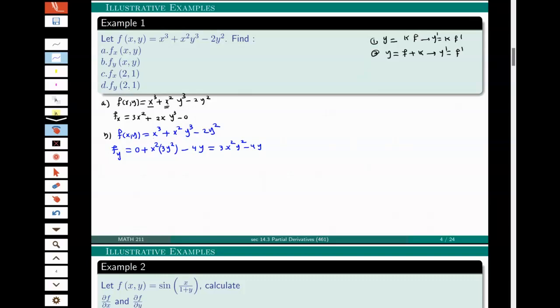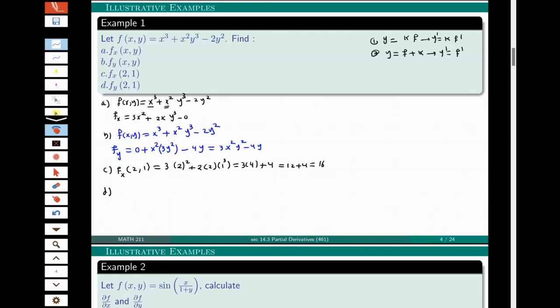Now C, he wants f sub x when x is equal to 2 and y equals 1. So just simply replace x by 2 and y by 1. You will get 3 times 4 plus 4, which is 12, plus 4, which is equal to 16.